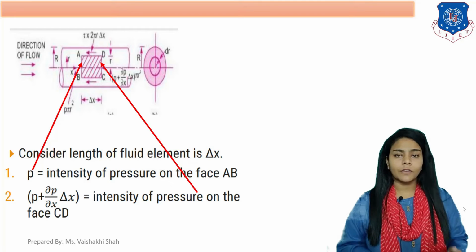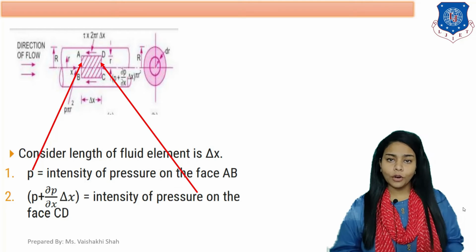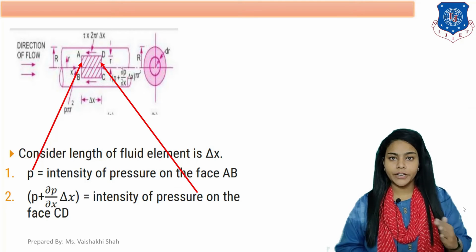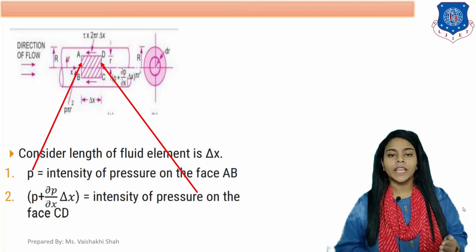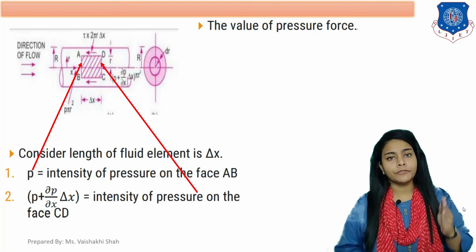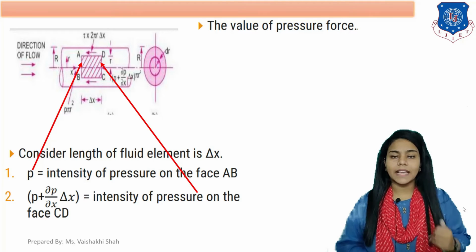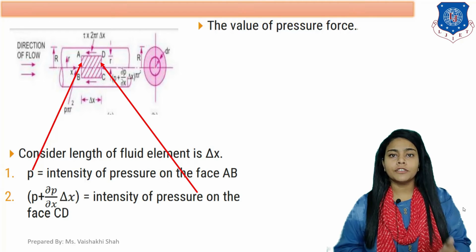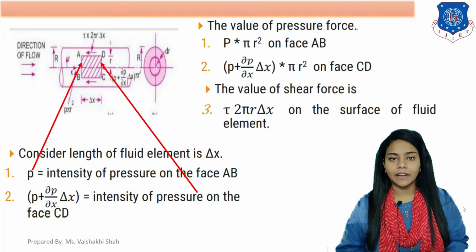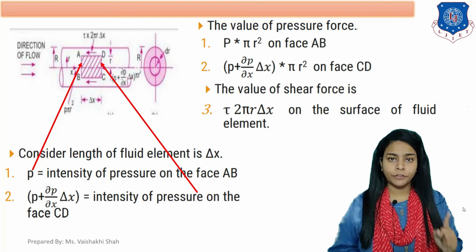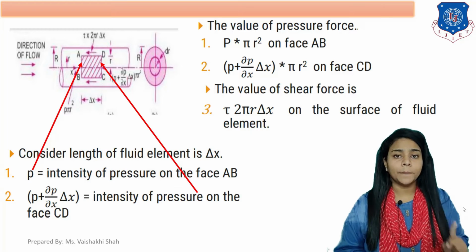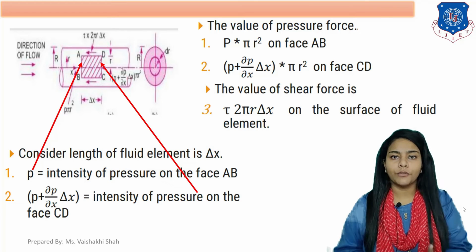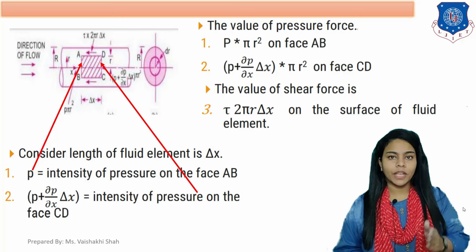Clear? Now as we know, force equals pressure into area. If we have to find the pressure forces acting on this element, first, the pressure force on surface AB is P into pi r square, pressure into area.